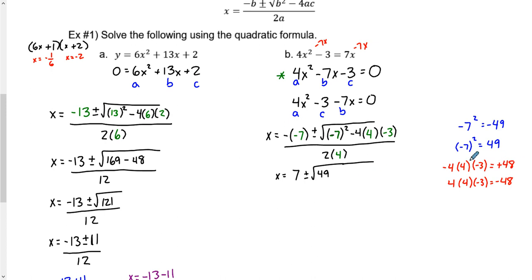Depending on which one you do is the way that you have to put it in here. If you do it this way, you would have to be taking 49 and adding 48. If you do it this way, because we did not include that negative in here, it would have to be 49 subtracting -48. Because subtracting a negative is adding a positive, both of them come out to be the exact same thing.